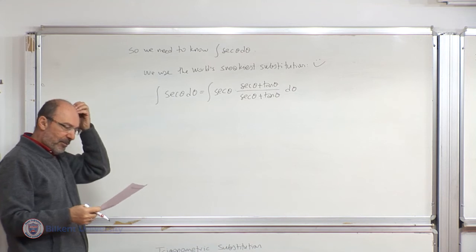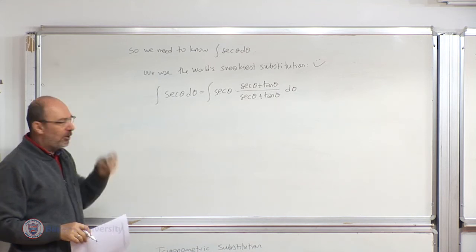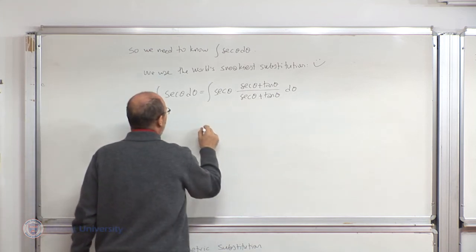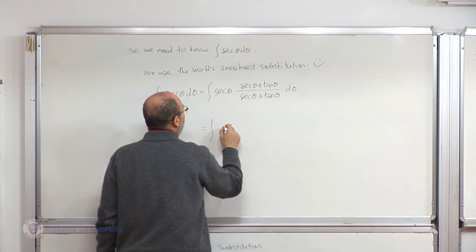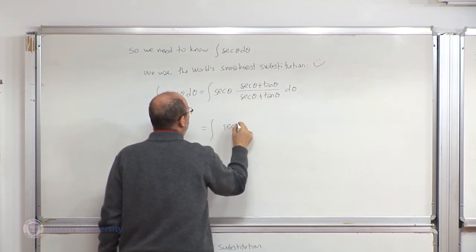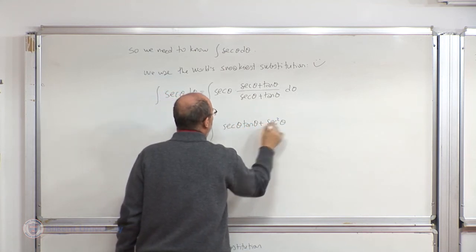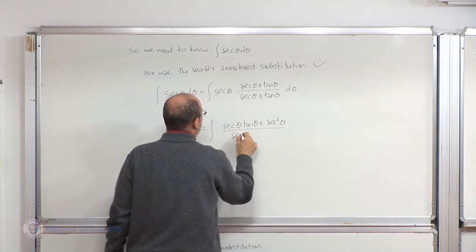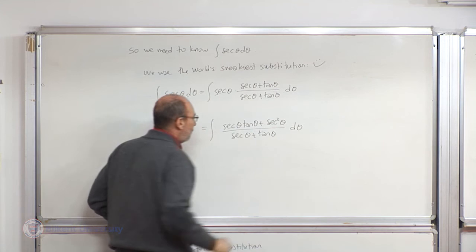You just do this. It's correct. And then you say, let us multiply these things. Multiplying in this order, this times this, you get secant theta tangent theta plus secant square theta, divided by secant theta plus tangent theta, d theta.